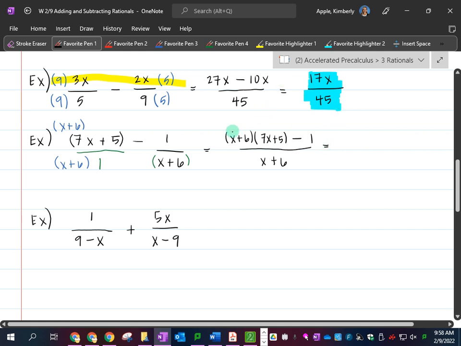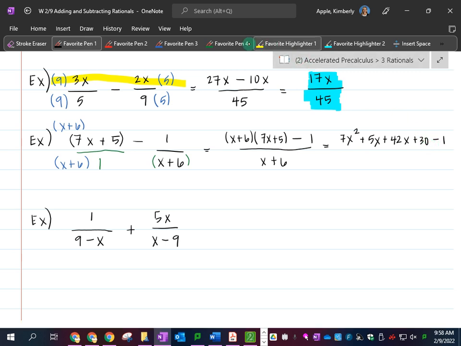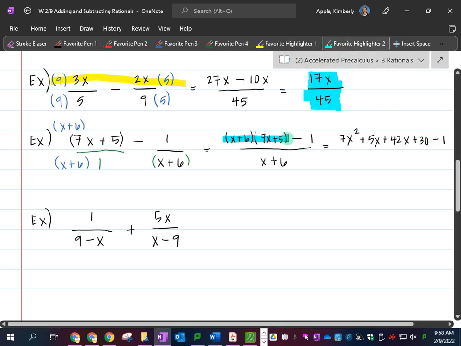Okay, so that would be 7x squared plus 5x plus 42x plus 30 minus 1. See what I did here is I just multiplied these together and it got me this right here.